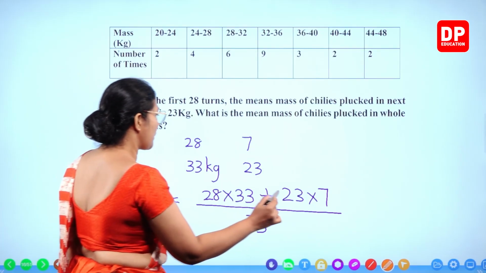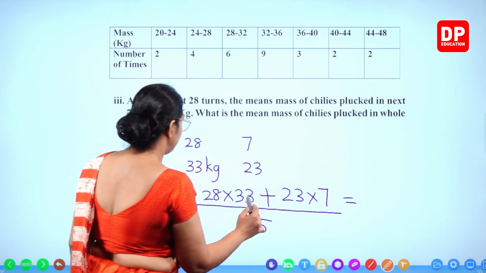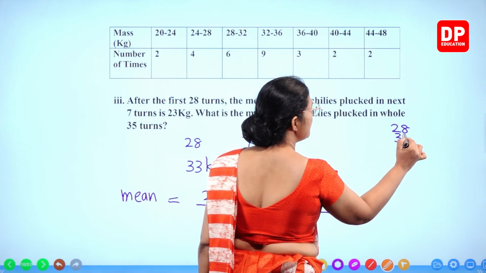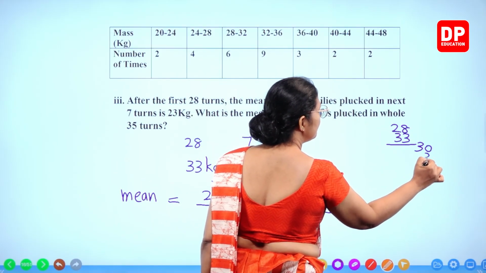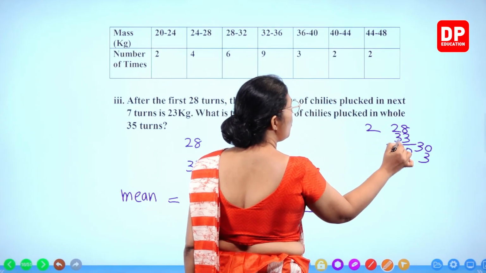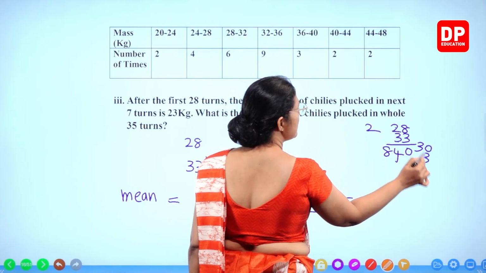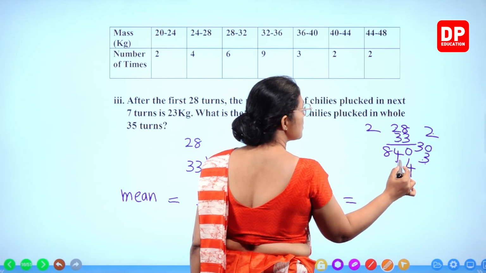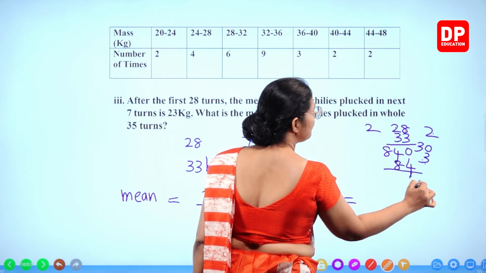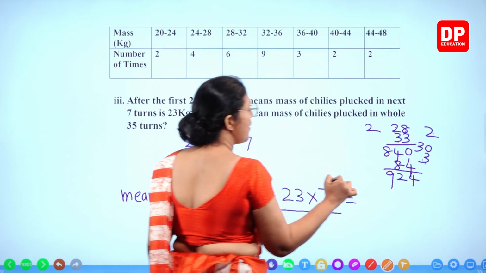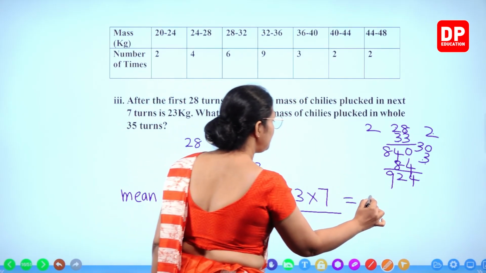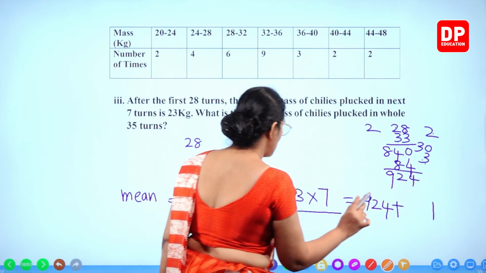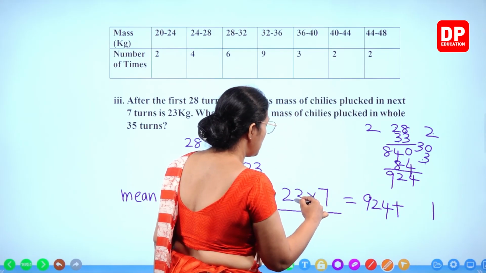Let's multiply. 28 times 33. 3 times 8, 24. 3 times 2, 6 plus 2, 8. 924. 7 times 3, 21. 2 remaining. 7 times 2, 14.